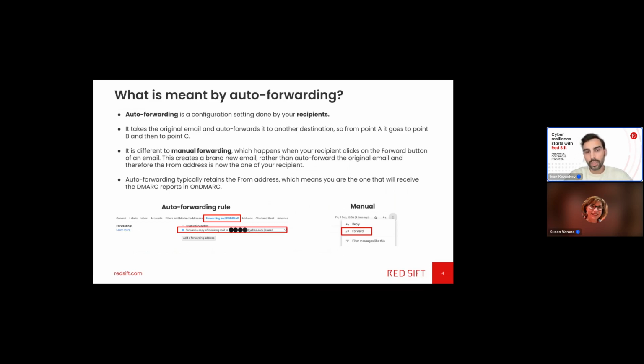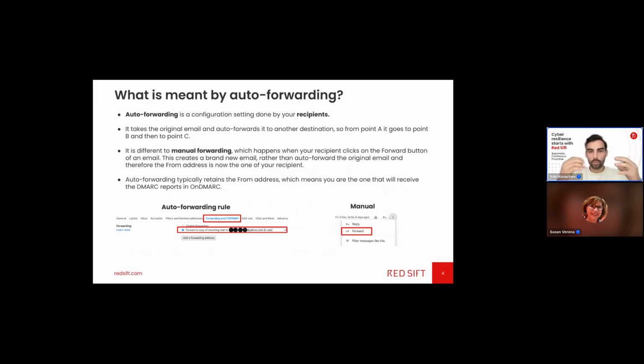The auto forwarding method is when you as a recipient of emails have created an auto forwarding rule. As the example shows on the bottom left, you can set up a rule that says, for example, anything coming into my mailbox, I would like it forwarded to my personal mailbox, whether that's Yahoo, Google, or anywhere else.